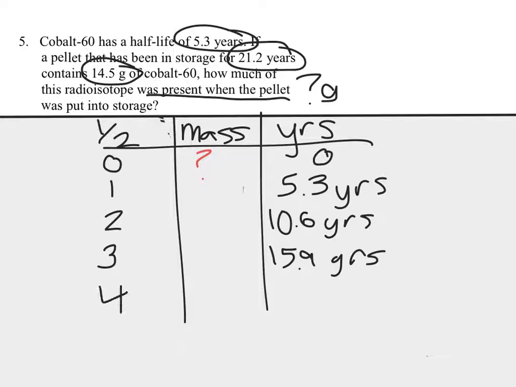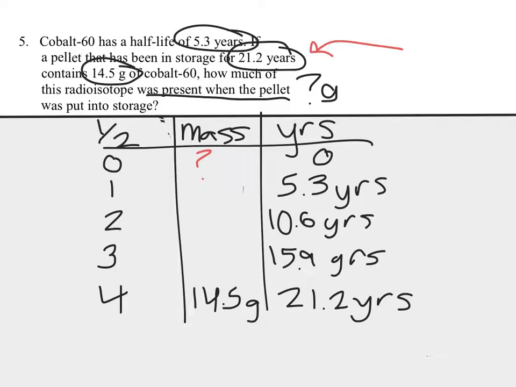And again, if 4 half-lives pass, you end up with about 21.2 years total. Now, the reason we stopped at 21.2 years is because we know this object sat for 21.2 years. We also know that 14.5 grams of the substance was present after the 21 years.